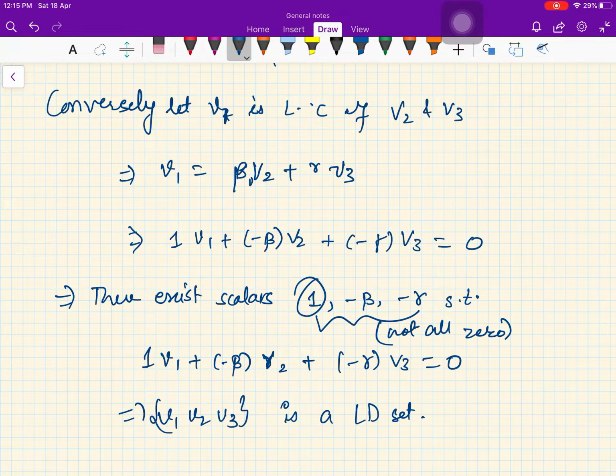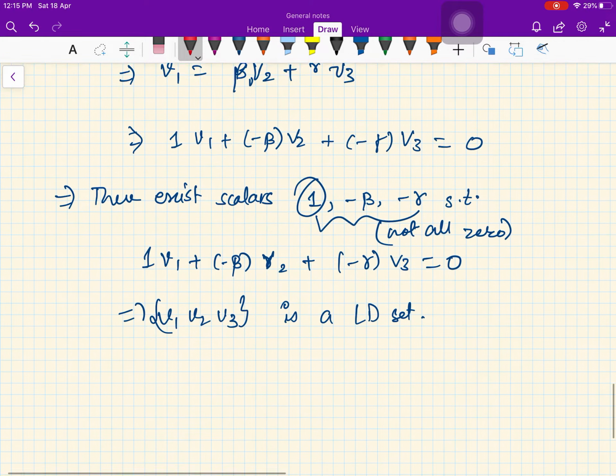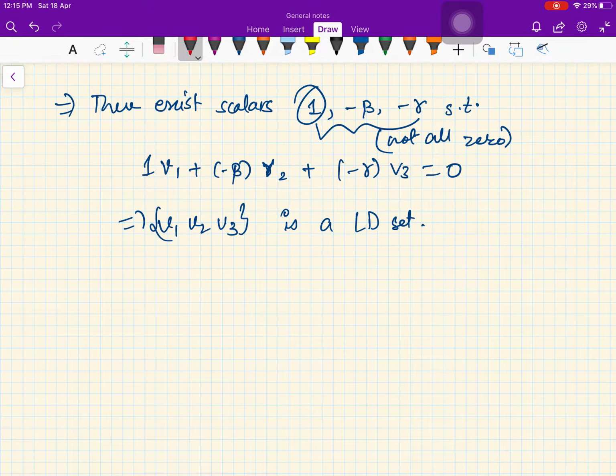So this is how you prove when you have such theorems in the exam that you have to prove. This is how you proceed. There are so many such results regarding linearly independent and dependent vectors. Sometimes you may find that they are very obvious results and wonder why ma'am is proving them, but this is for the sake of completeness, and I want you to know how you can write a proof nicely.